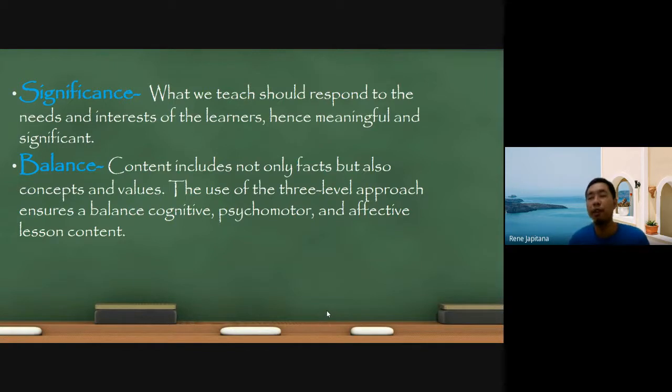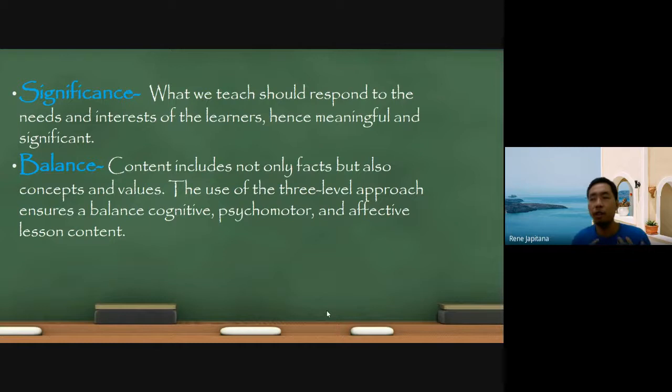If you would like to become a teacher, these are the three important approaches to deliver your lesson: the psychomotor, the cognitive, and the affective. Cognitive is the knowledge. Psychomotor is the skill or skills.